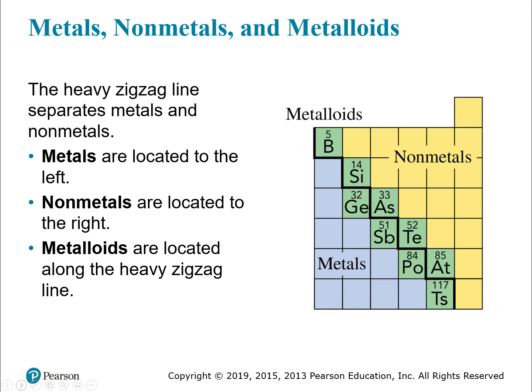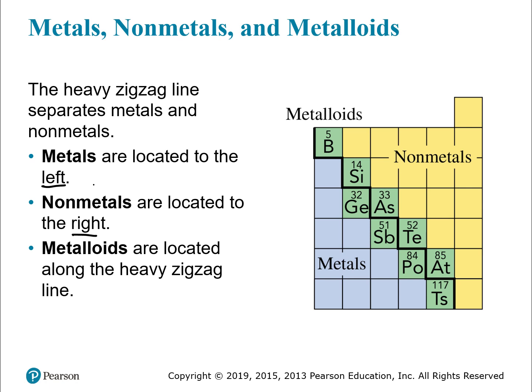Now let's talk about metals, nonmetals, and metalloids. There's a zigzag line that is more distinct on some periodic tables than others. In your book, it's very distinct. That zigzag line separates the metals and the nonmetals. So the metals are to the left. The nonmetals are on the right.